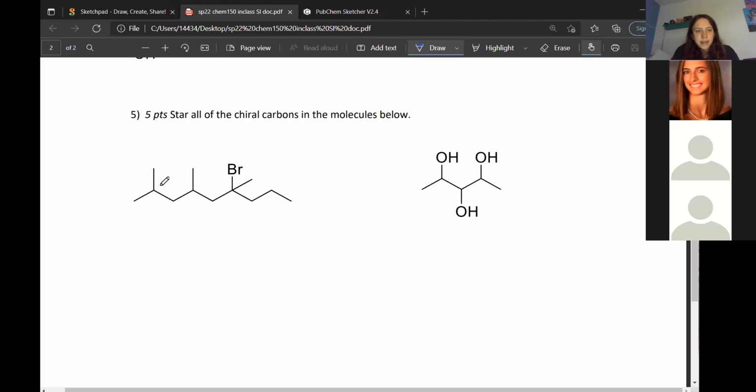So this carbon right here is not chiral. This carbon right here has this big group here and this big group here. Even though those are different, it's still bonded to 2 hydrogens. So that one is not going to be chiral.